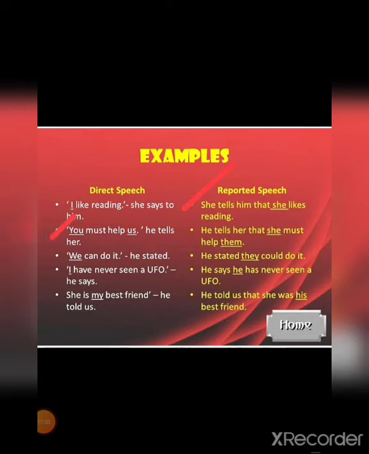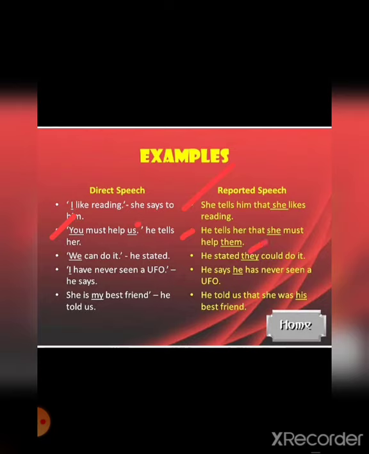Come to the next sentence. You must help us, he tells her. So he tells her that she must help them. Us. He is talking about whom? He is talking about them. "Us" refers to "them".